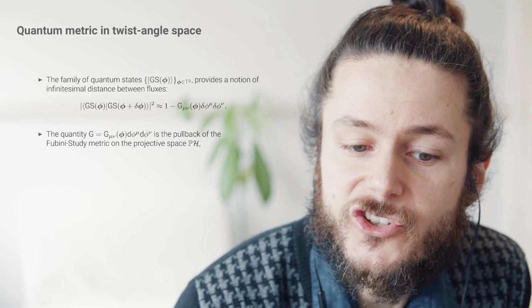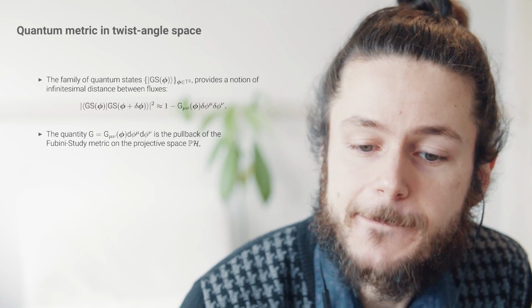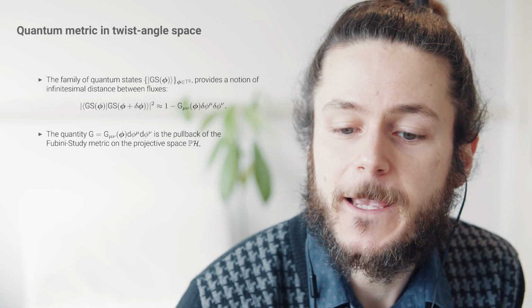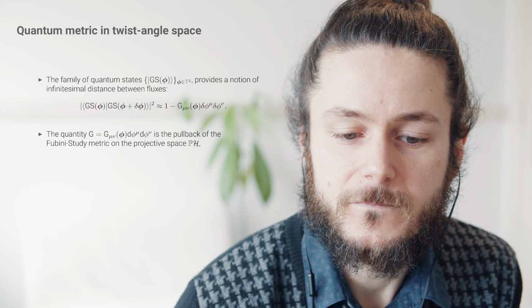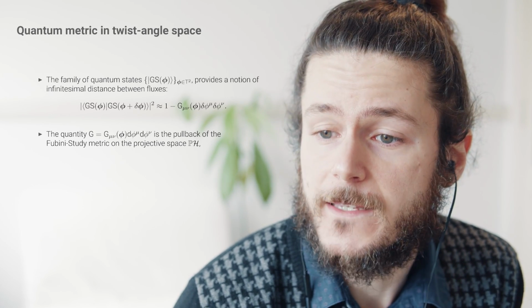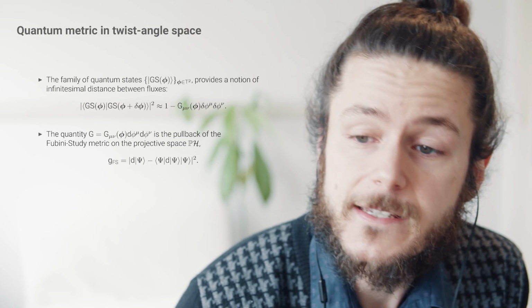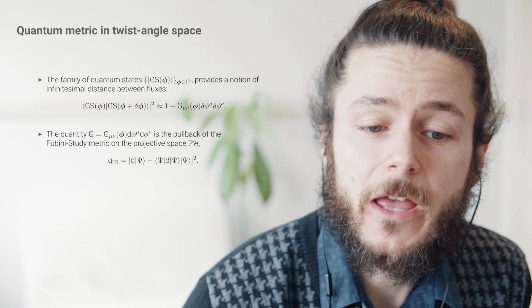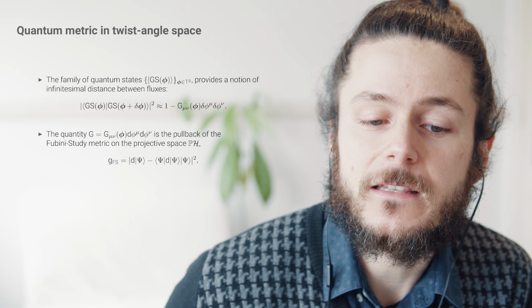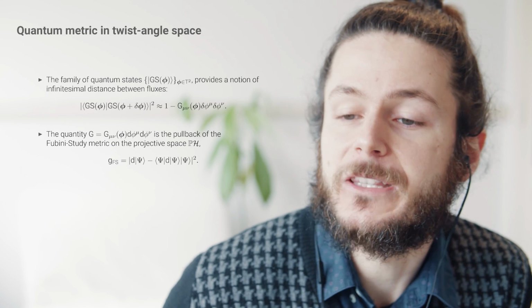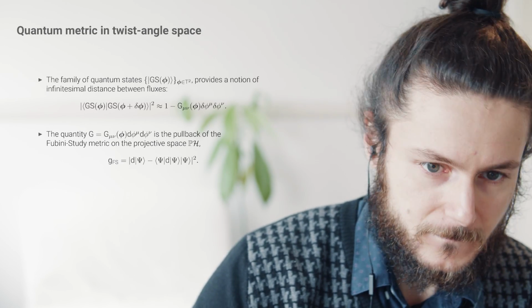The quantity here, capital G, is basically the pullback of the Fubini-Study metric on the projective space P of H. And here H is the many-body Hilbert space. This is the usual formula, and you can basically replace this psi by GS of phi to get the capital G I'm talking about.